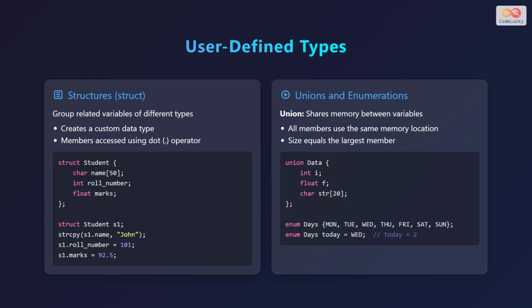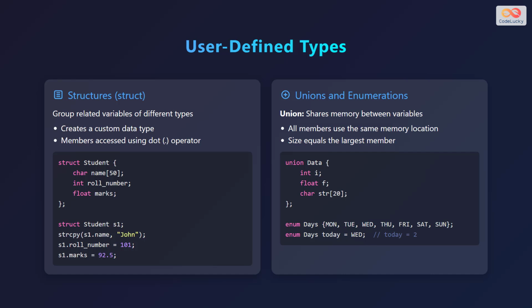Unions and enumerations are other forms of user-defined types. A union shares memory between its variables, meaning all members use the same memory location, and the size of the union is equal to the size of its largest member. For example, union data { int i; float f; char str[20]; }. Enumerations create a set of named integer constants.